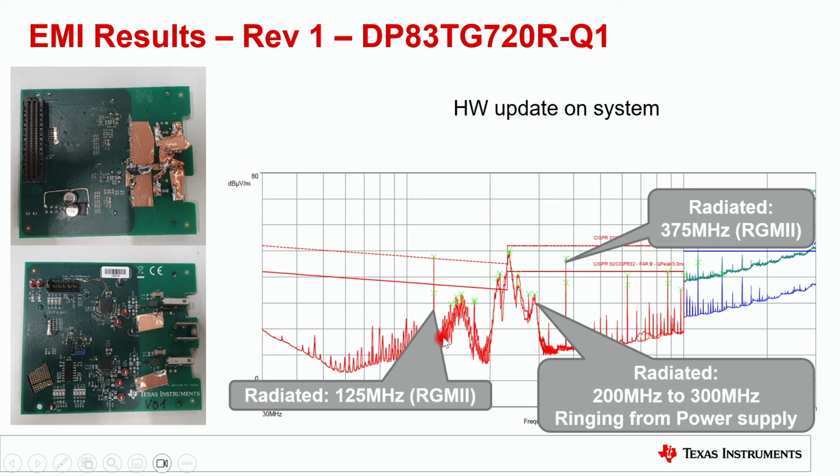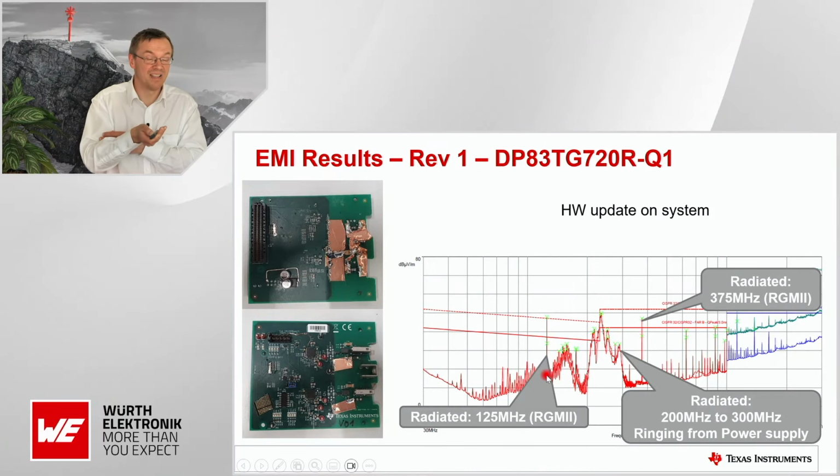But here you see the initial measurements we got, where you see all the faulty measurements, and this is where some of, let's say, the places where we didn't pass the measurement. We basically know, well, this is the RGMII interface that's not correctly done.